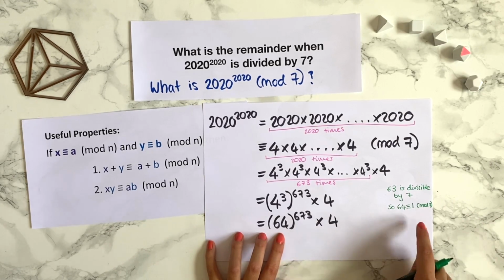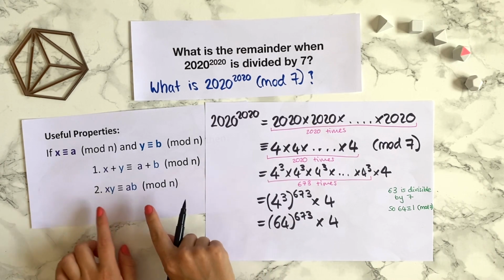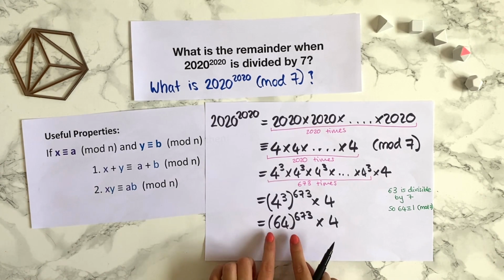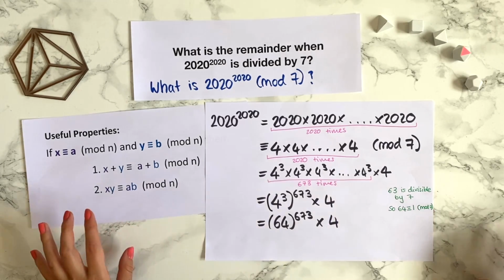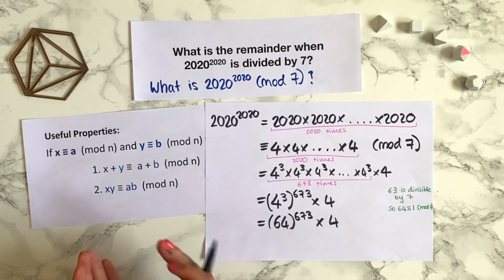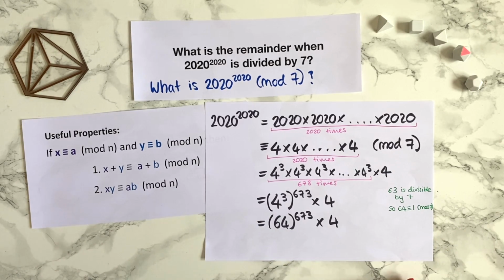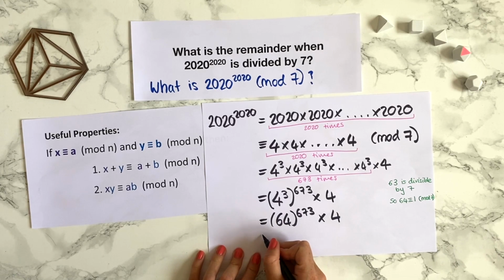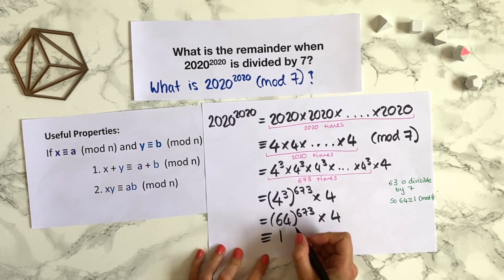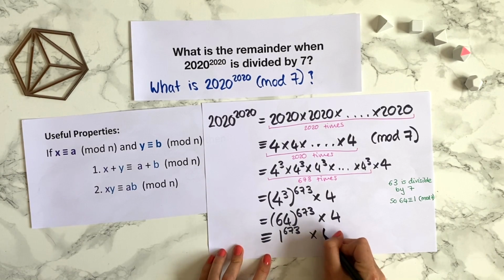So this is really good news because remember, we're seeking out 1s, minus 1s or 0s to help us on our mission. So by this product theorem, remember we've got 64 times by itself 673 times. So using this theorem, we can replace all the 64s with 1s when we're working modulo 7. So this is actually congruent to 1 multiplied by itself 673 times times by 4.